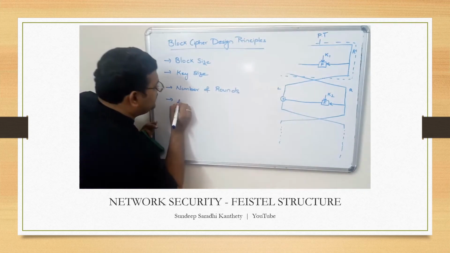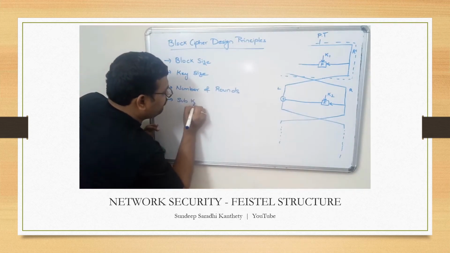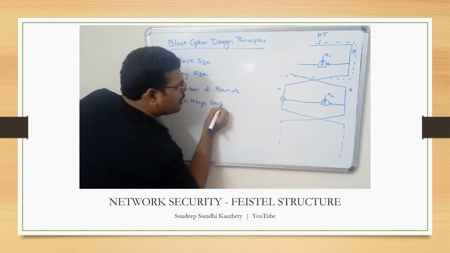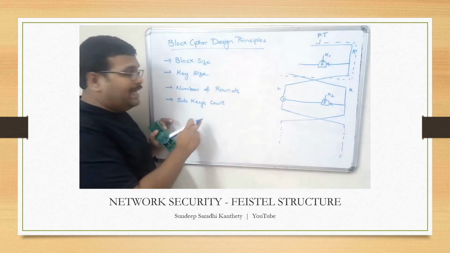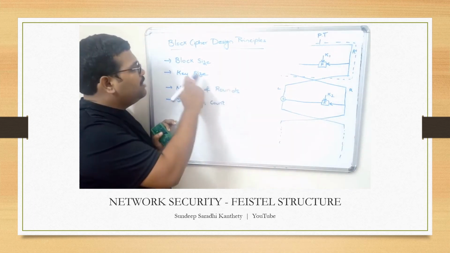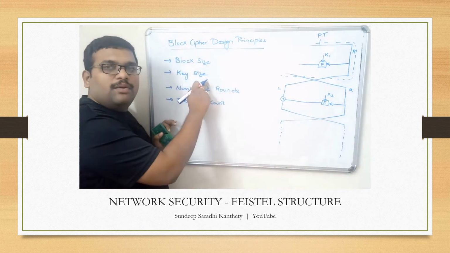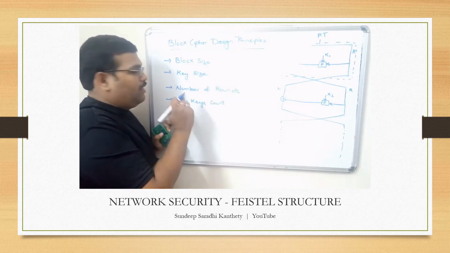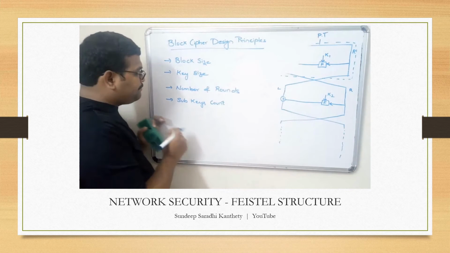And subkeys, the number of subkeys. In each round we have to use a separate subkey. That means from this master key we have to generate the subkeys, which depends upon the algorithm.